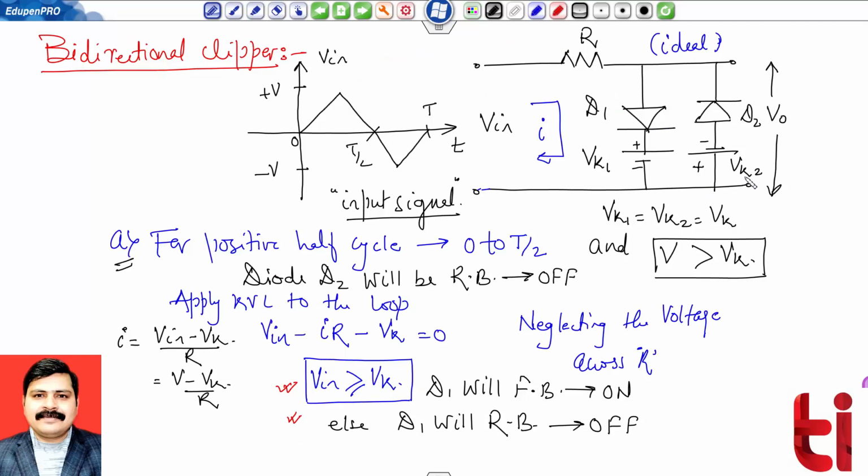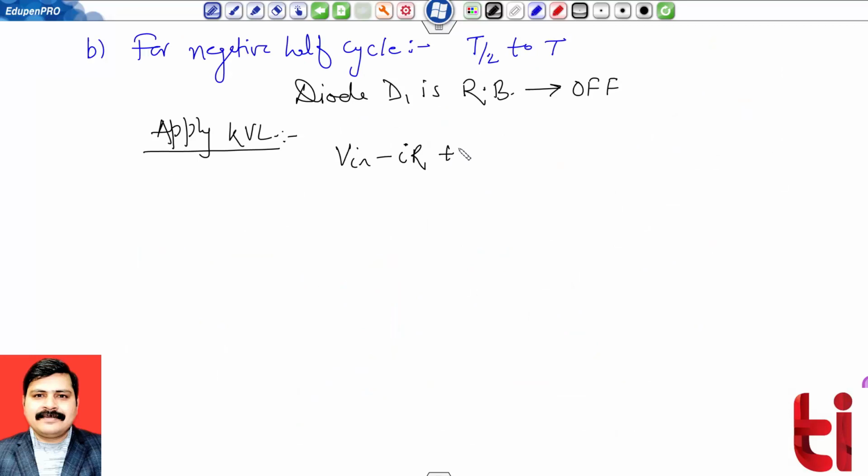So this is VK2, and VK2 is Vk. So this plus Vk equals 0. Similarly, I can solve the things, but I am interested to directly show the waveform so that the idea will be clear.